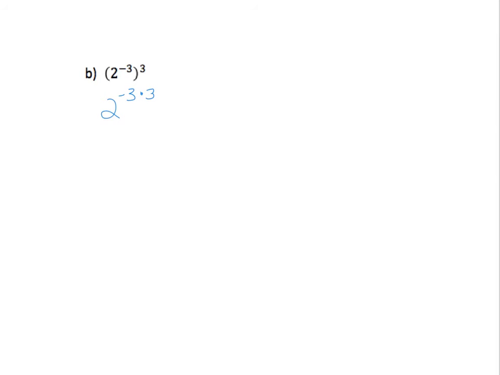Just remember your rules for integers. We multiply a negative times a positive, which gives us a negative 9. Then we have to simplify because we can't leave negative exponents. So that starts out on the top, which means it's going to have to move to the bottom, and our final answer would be 1 over 2 to the 9th power.